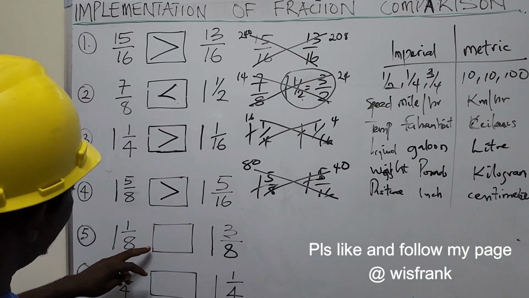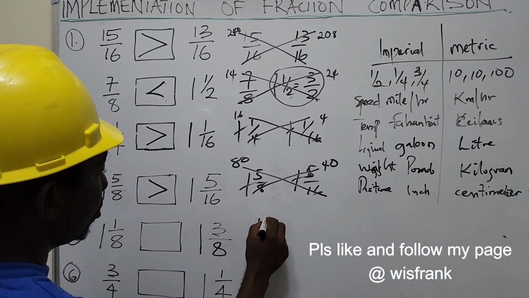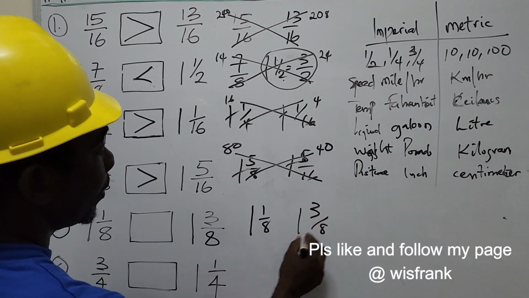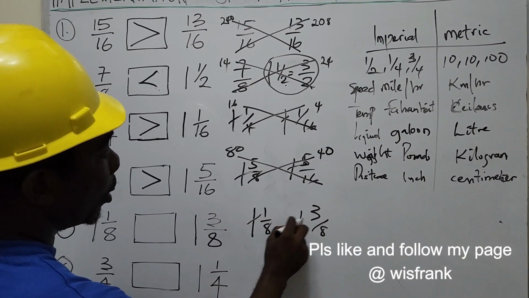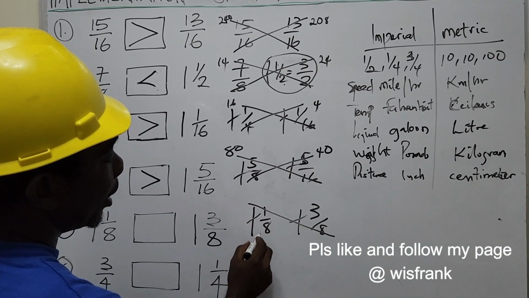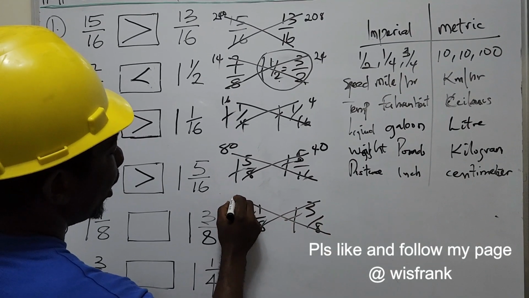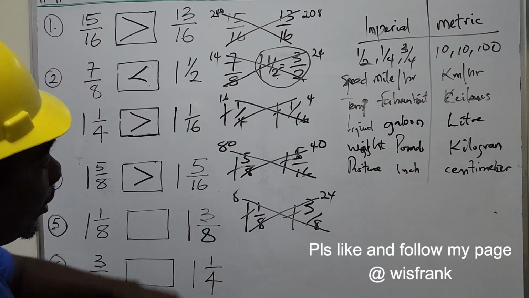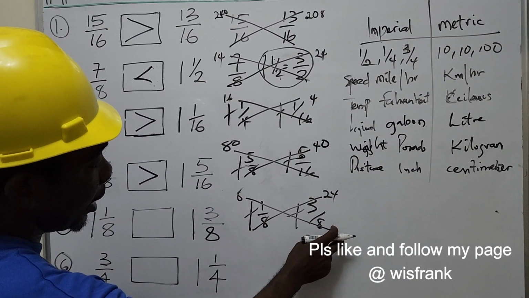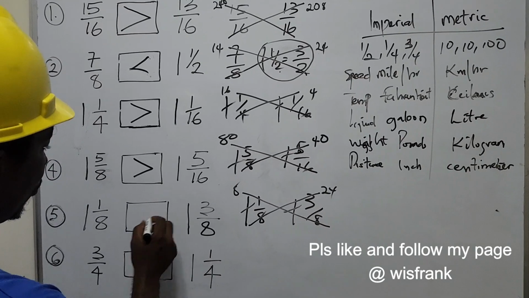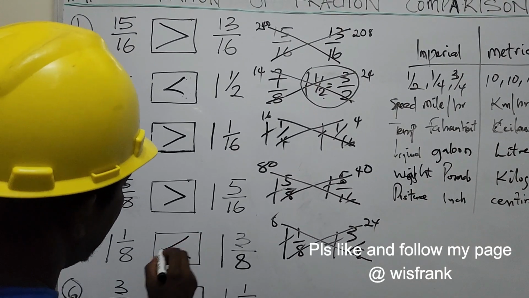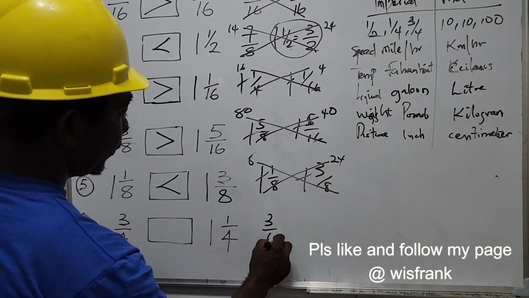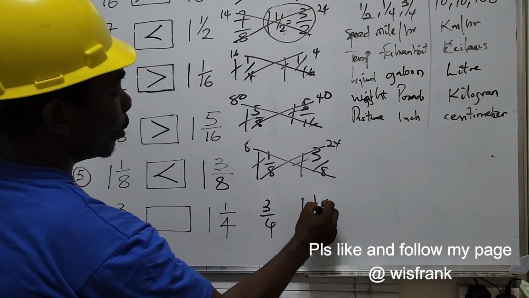So we now have 1/8 and 3/8. The same thing, we cancel 1 here. We cross multiply 8 and 1 and 8 and 3. We have 8 and we have 24. We now see that 1/8 is less than 3/8, so we bring in a sign of less than. And the last one, we have 3/4 and 1 1/4.